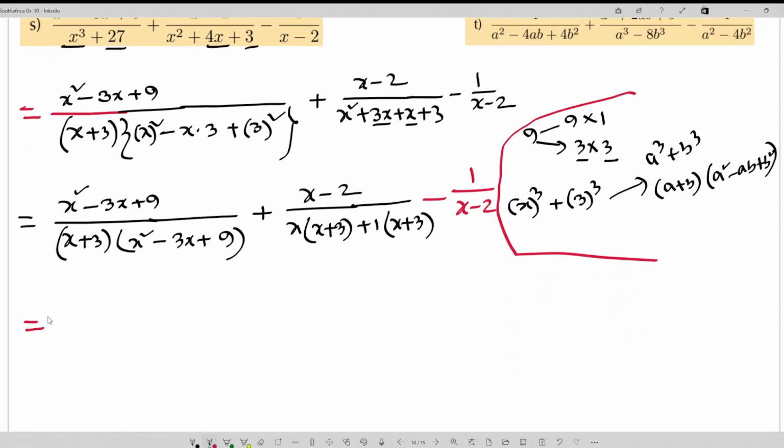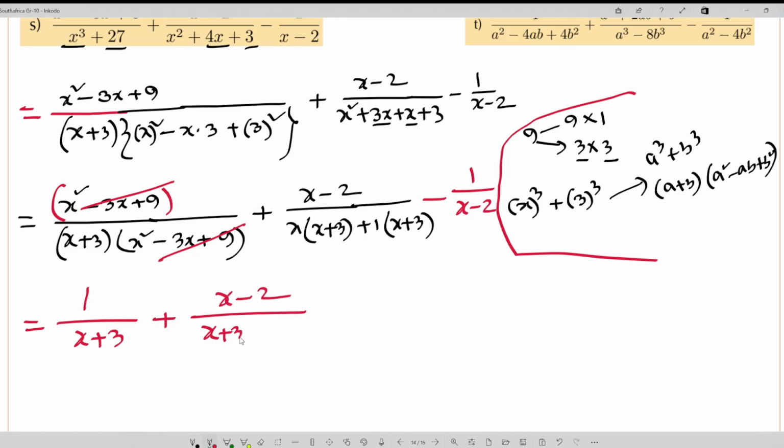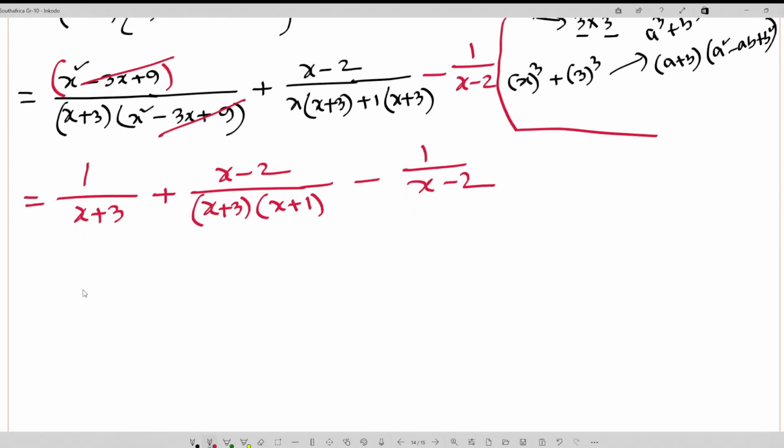Now we can simplify a little. Here x square minus 3x plus 9 and x square minus 3x plus 9 we can cancel out. So 1 divided by x plus 3, plus here x minus 2 over x plus 3 and x plus 1, minus 1 divided by x minus 2, okay.